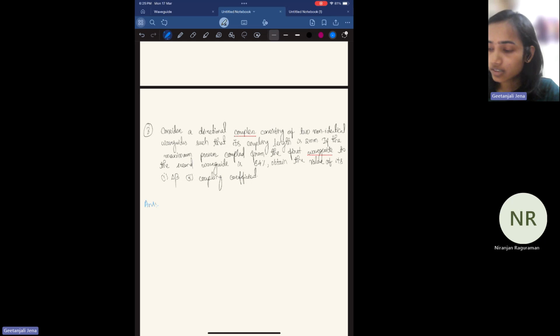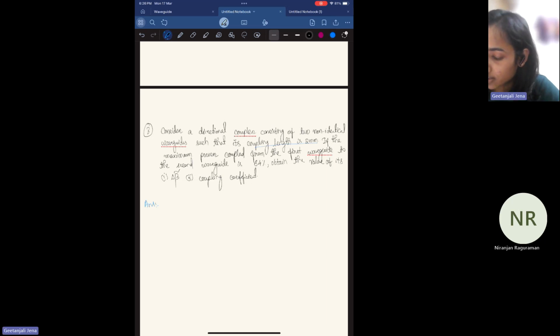So consider a directional coupler consisting of two non-identical waveguides such that its coupling length is 2 mm. If the maximum power coupled from the first waveguide to the second waveguide is 64%, then obtain the value of its delta beta and coupling coefficient.